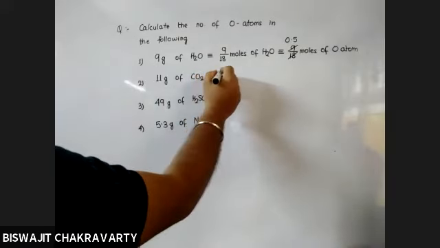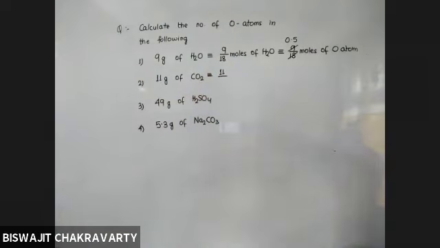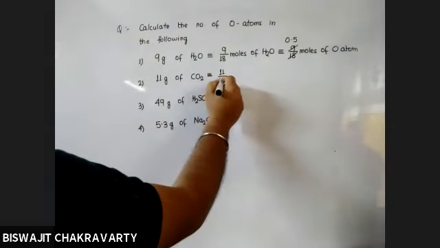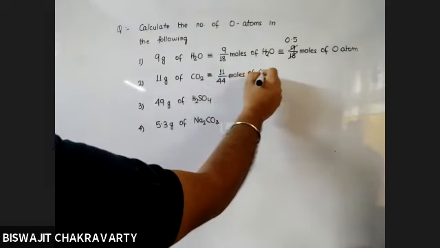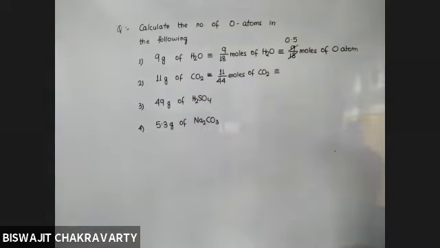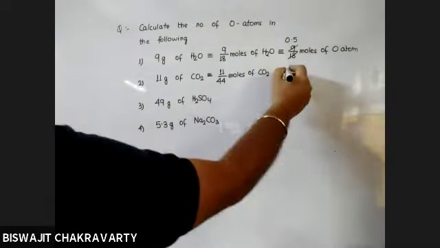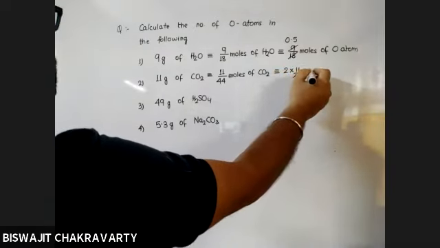What will you do here? 11 is to be divided by what? 44. 44 moles of CO2. But each CO2 contains how many atoms of O? 2. So will it not be 2 into 11 by 44 moles of O atoms?